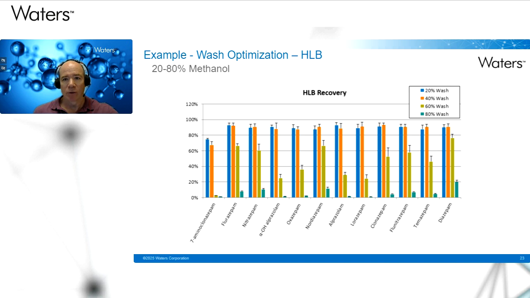However, when we started increasing above 50%, to 60% and 80% methanol, we're starting to lose recovery for many of these compounds. That's because that wash is pulling it off, rinsing it off the sorbent into basically our waste container. So by looking at this information, you can say, okay, to efficiently extract all these compounds, I'm going to stay below a 40% methanol wash. And this is the sort of systematic strategy that we want to go through when optimizing any part of the method.